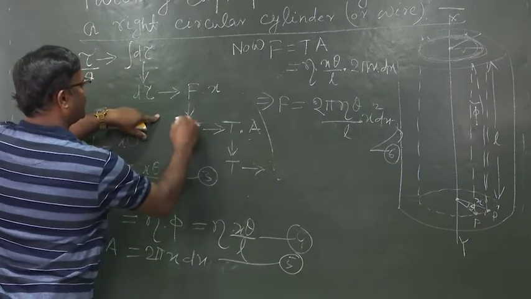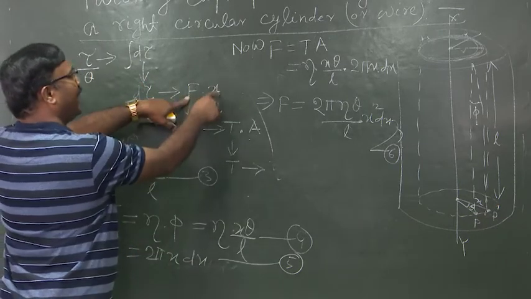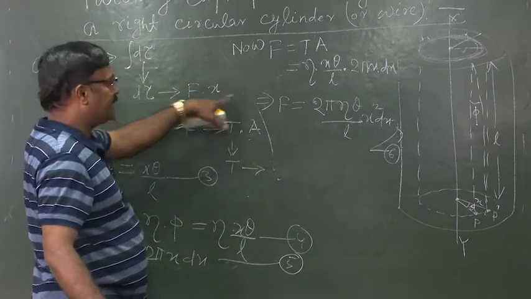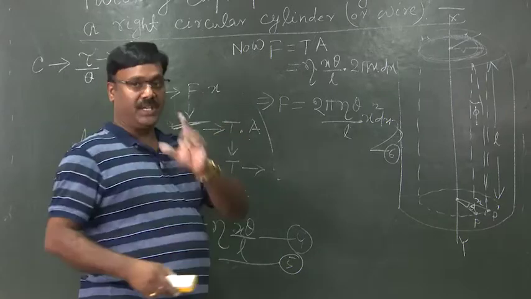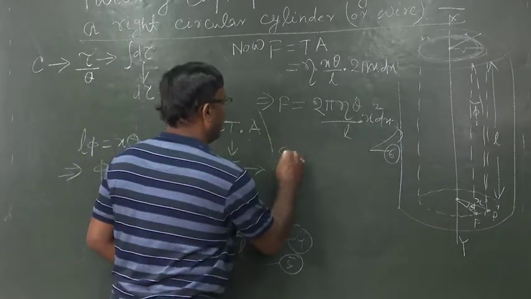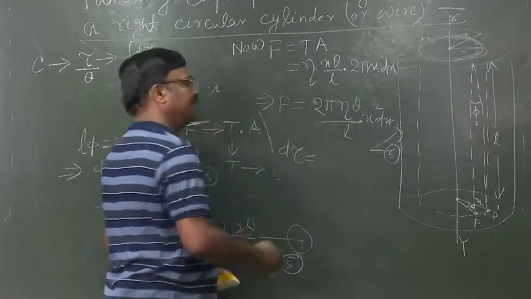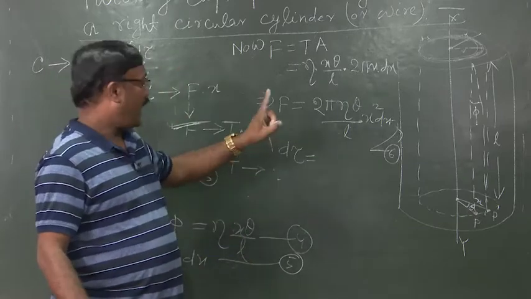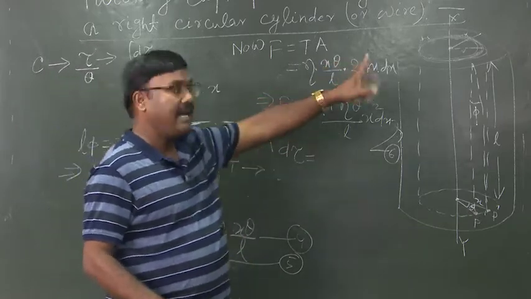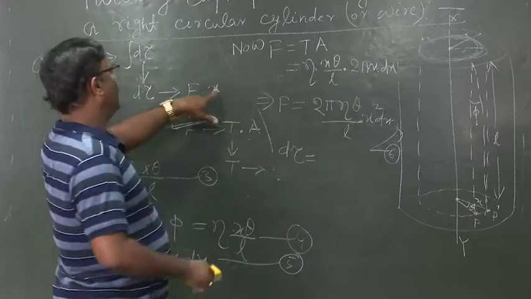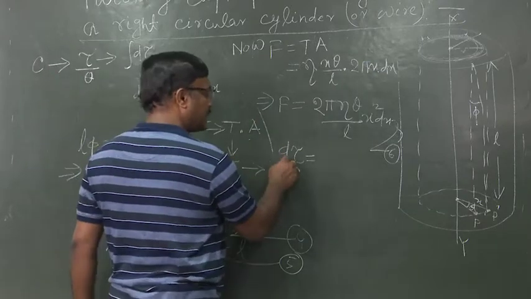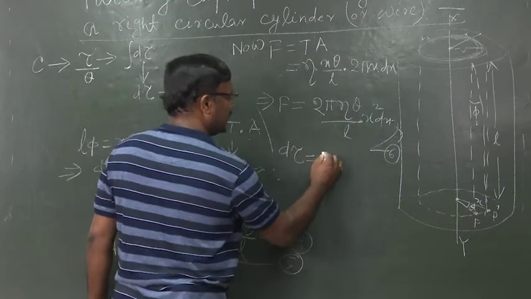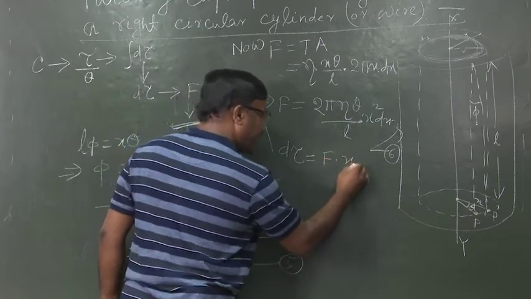Now we have arrived at this point. Then we have to multiply x with this force to get d tau. That means if d tau represents the torque acting on the element due to the force F, then d tau will be F into x.